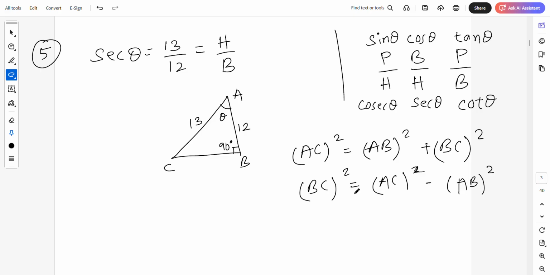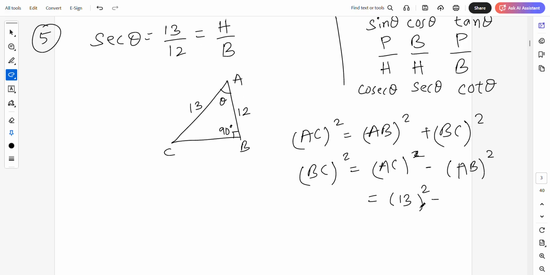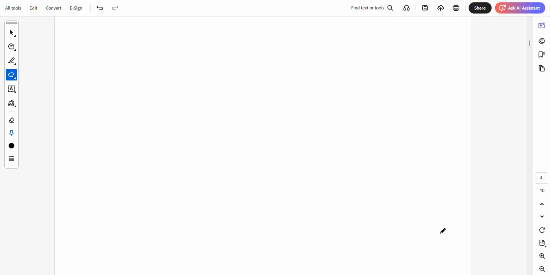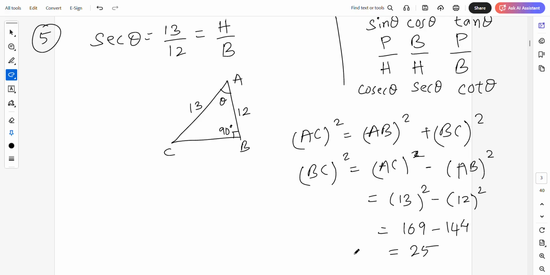AC is 13 the whole square minus AB is 12 the whole square. 13 square is 169 minus 144. That is equal to 25. Therefore, BC whole square is 25, so BC is equal to 5.